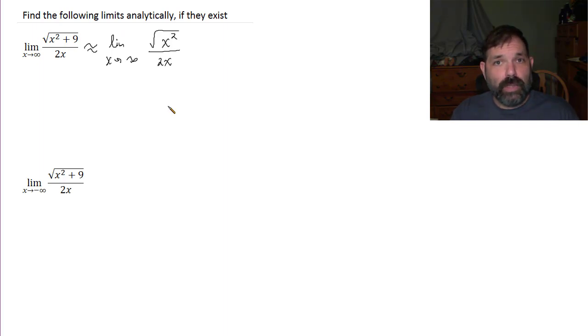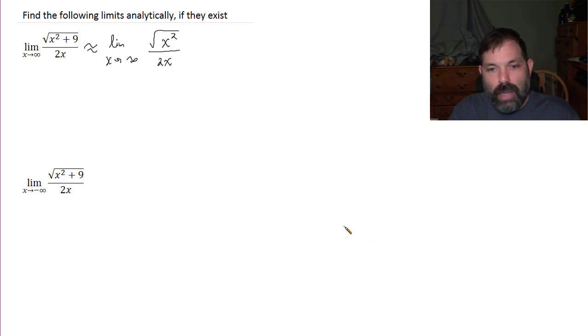Now, it's very tempting to say, well, the square root of x squared is x. And that's not correct. We have to be very careful about roots and powers because of one-to-one functions from back in algebra. Here is something that's true.